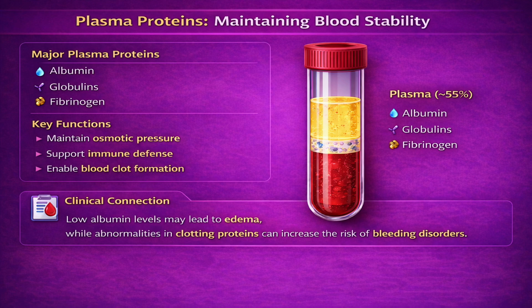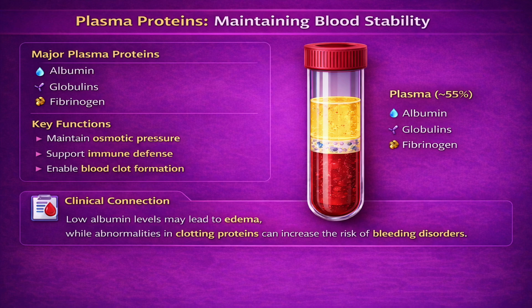From a clinical perspective, plasma protein levels are important indicators of patient health. Abnormal albumin levels may indicate liver disease, malnutrition, or kidney disorders, while abnormalities in clotting proteins may increase the risk of bleeding complications.